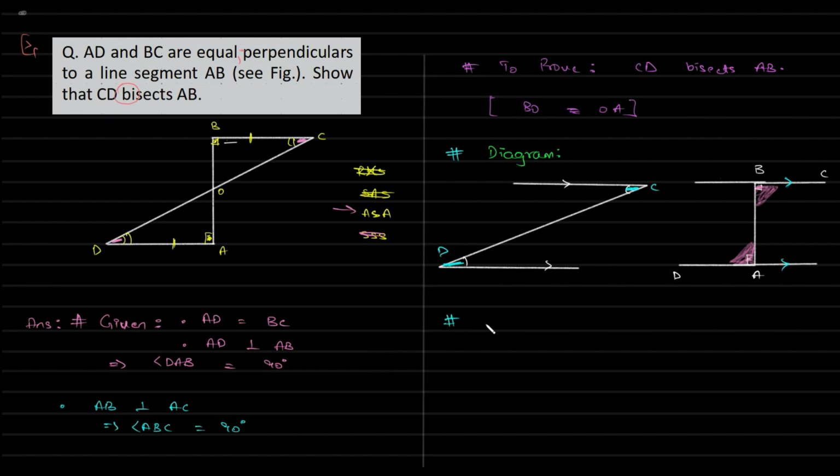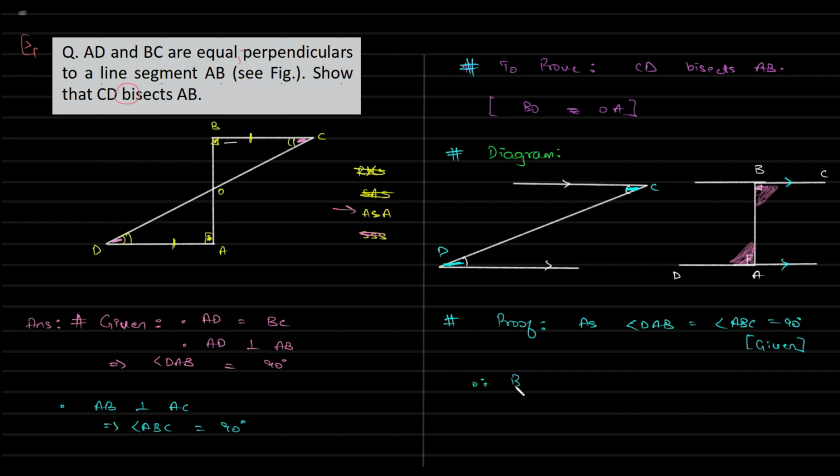Okay, now the proof. We'll begin with: angle DAB is equal to angle ABC, which we have already written, equal to 90. This is given. We have written it in the given, so you can write it confidently.